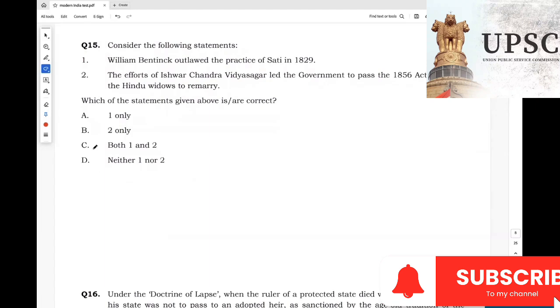Consider the following statements. First, William Bentinck outlawed the practice of sati. I mean, it's universal. If you are getting this kind of questions incorrect, it's the biggest mistake, right? So avoid that. This is absolutely correct. At the behest of Raja Ram Mohan Roy, we all know that he said, let's end the practice of sati under Regulation 17.